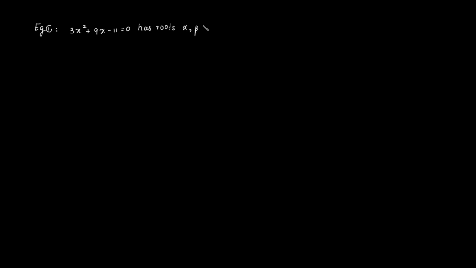So let's find the quadratic polynomial equation having roots alpha plus beta and alpha beta. The first step here is to write down sigma alpha for the first equation, that is minus 3, and alpha beta is minus 11 over 3.